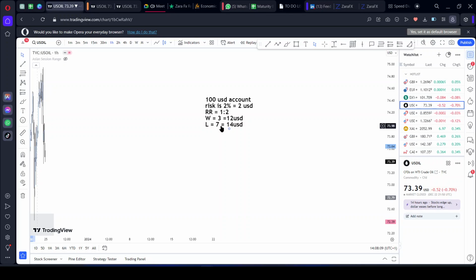So you see how the risk to reward can help you manage your money properly. But if you were taking these trades randomly, maybe you would have lost like 10 or 20% of this account already. But even after 7 losses, just winning 3 trades from a total of 10 trades, I was able to still keep my account in good order.